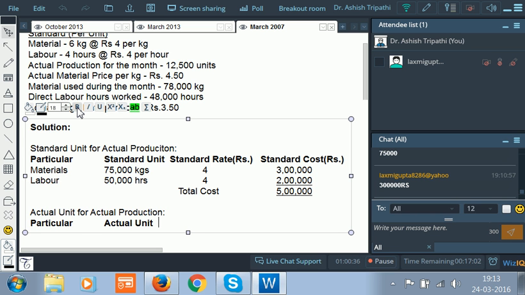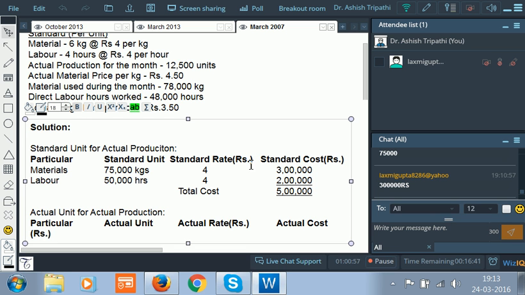Particular, actual unit, actual rate in rupees, actual cost, again in rupees.